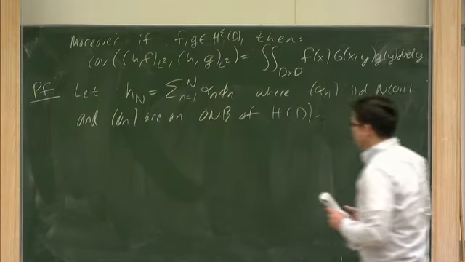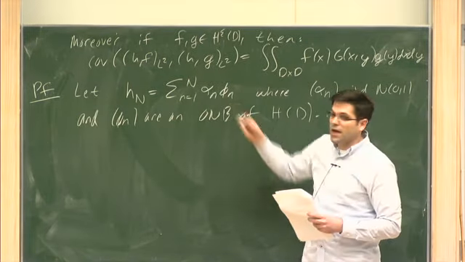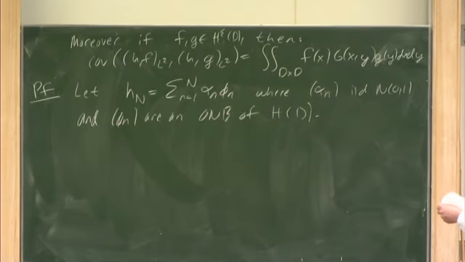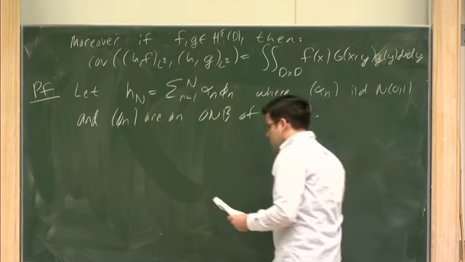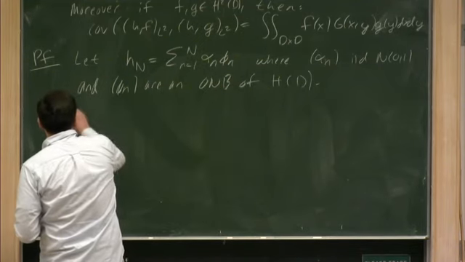And now, since this is just a finite sum, going up to this capital N here, there's no difficulty in making sense of this as a function. I mean, it is just a function. OK, so what do we have?